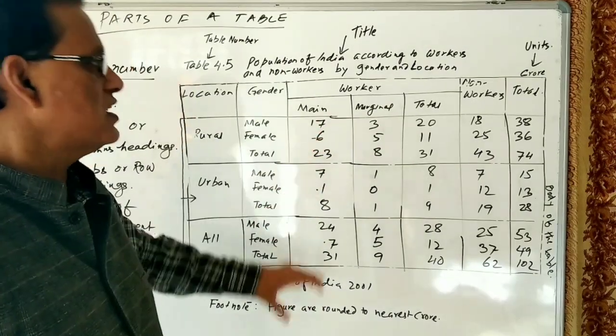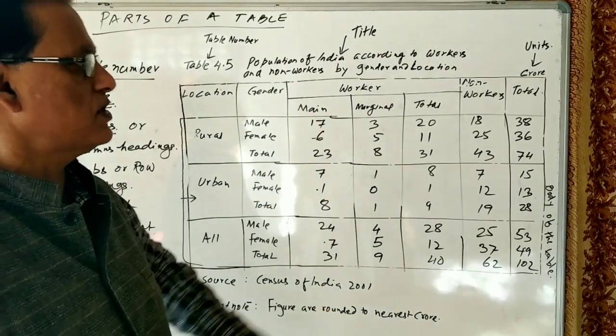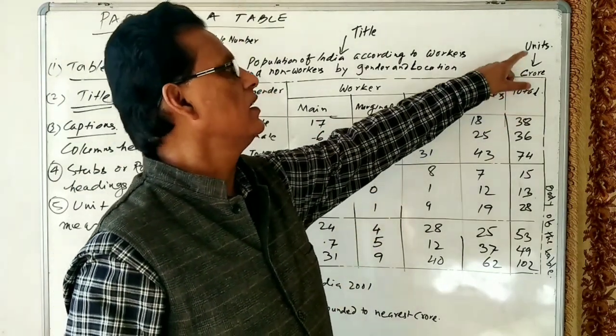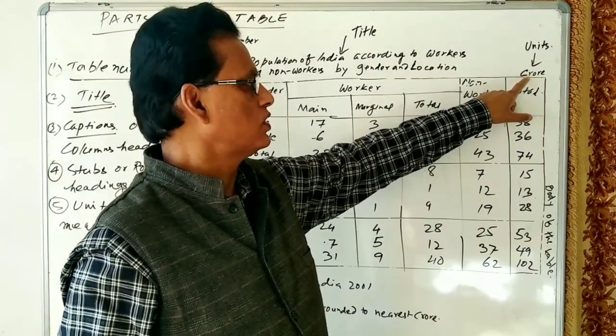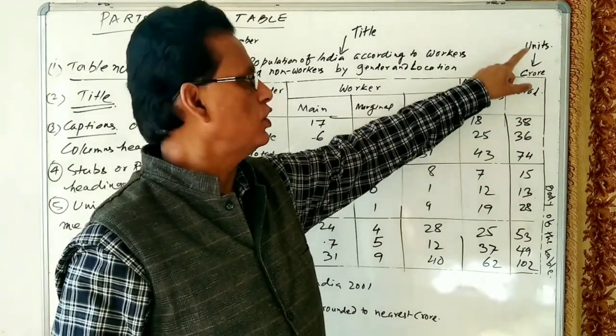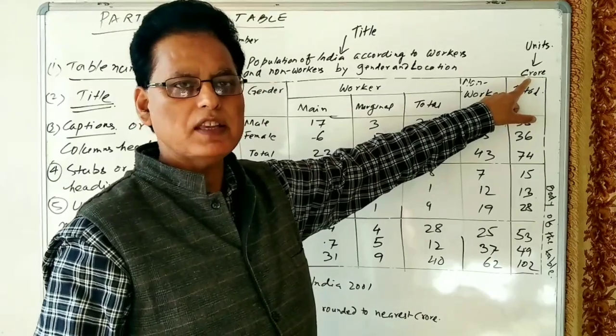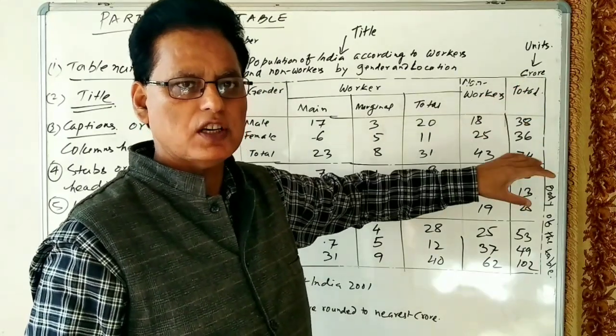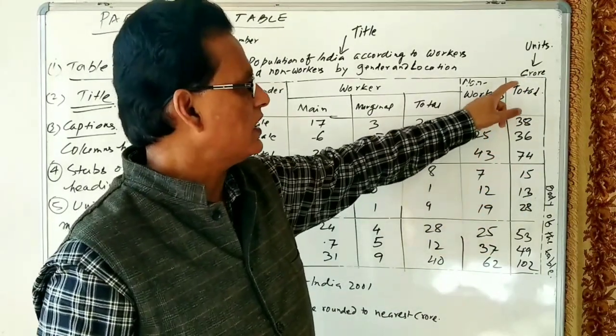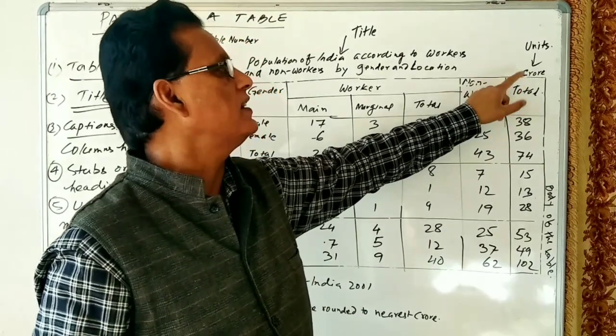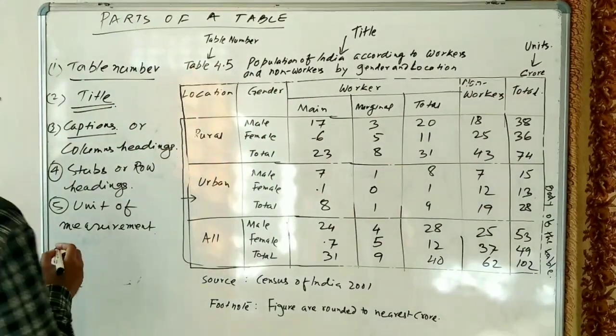So these informations are explained in terms of crores, then this is known as crores. So here I have written units. The information contents in the body are expressed in terms of crore, and this is called unit of measurement.